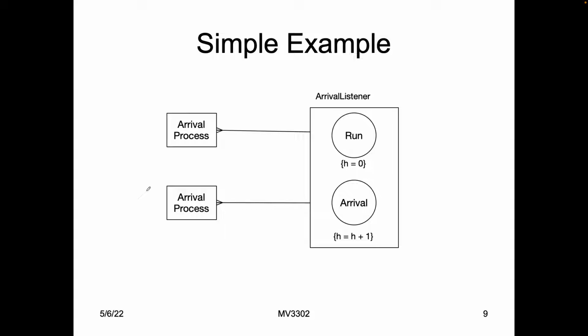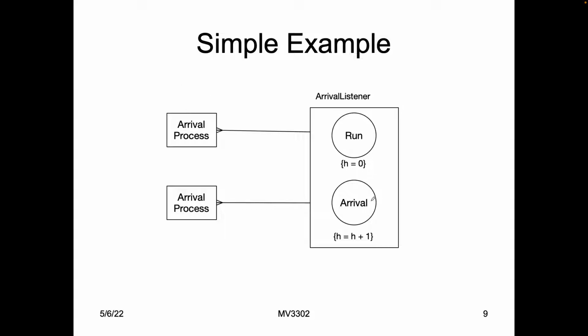They would each have their own inter-arrival times, and their own state variables counting the number of arrivals. But supposing, for whatever reason, we had these two arrival processes happening, and we wanted to count the total number of arrivals in each one.